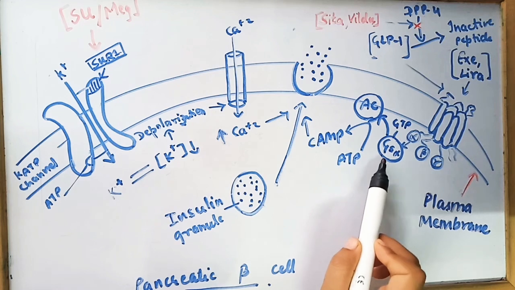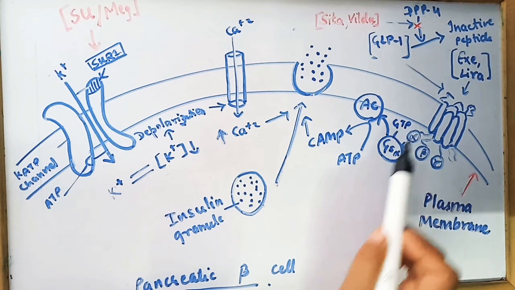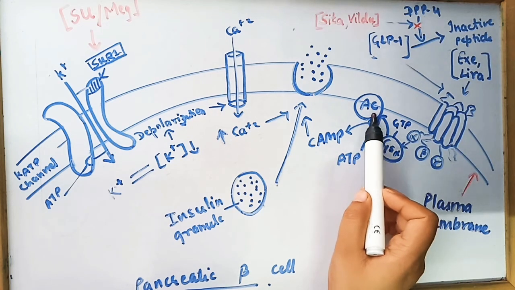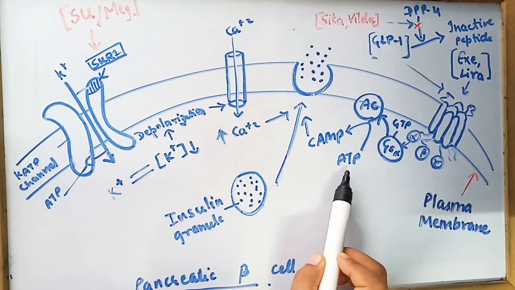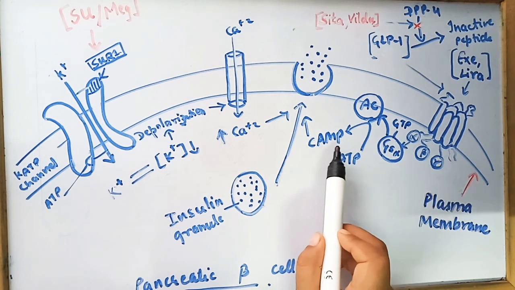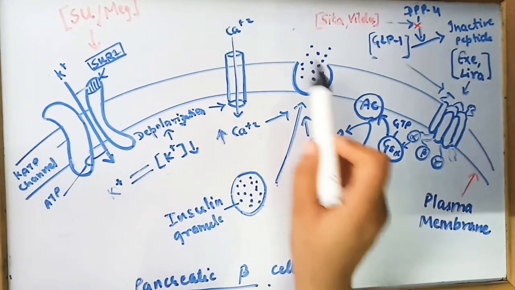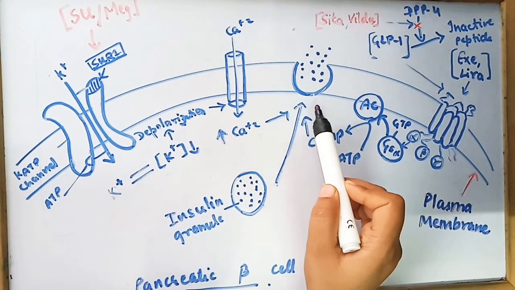This causes the stimulation of Gs alpha by binding of GTP over adenyl cyclase, and this adenyl cyclase causes the conversion of ATP to cyclic AMP, that is the secondary messenger is activated, and this causes the release of insulin from the pancreatic beta cells.